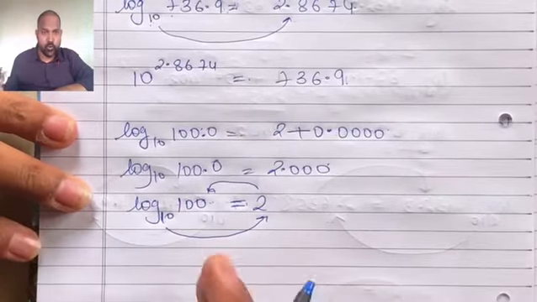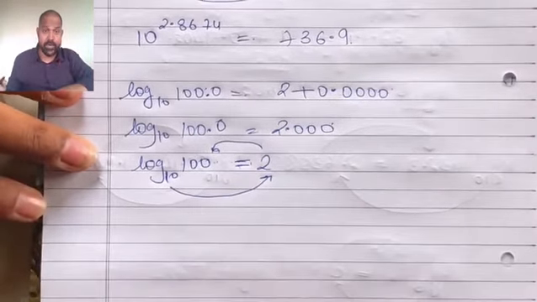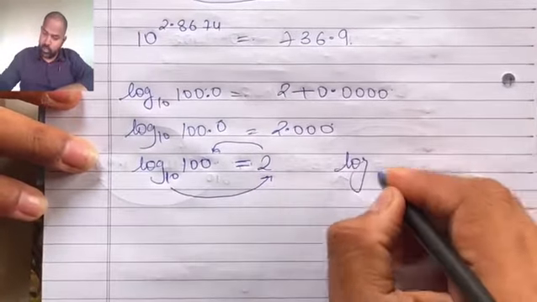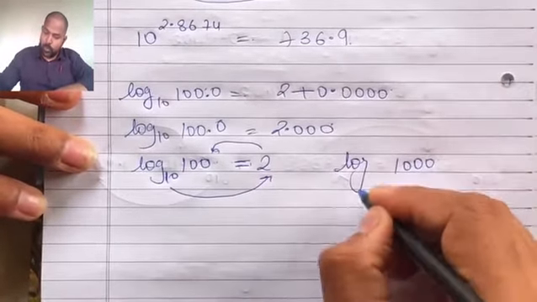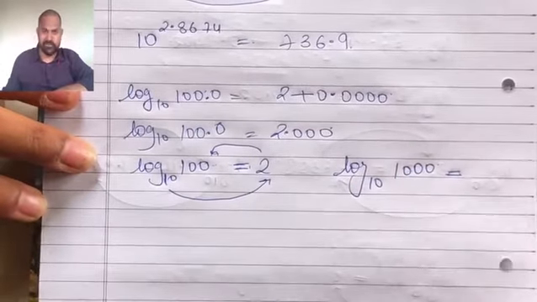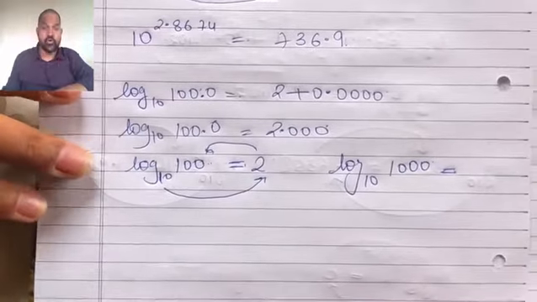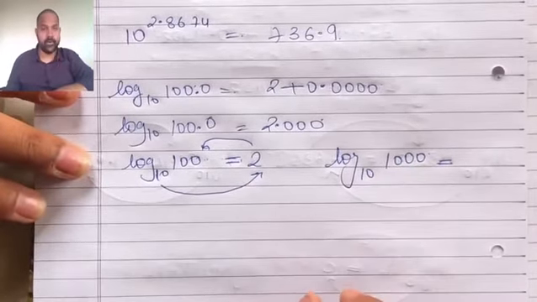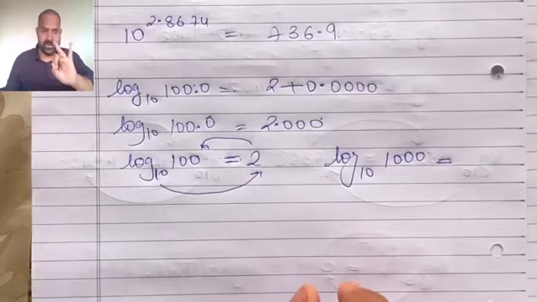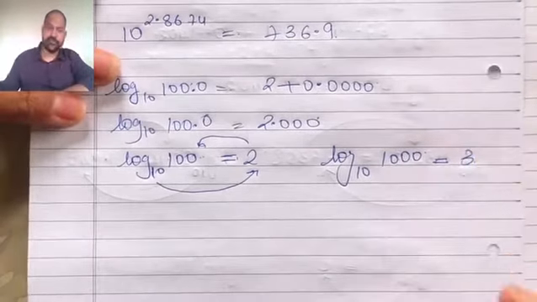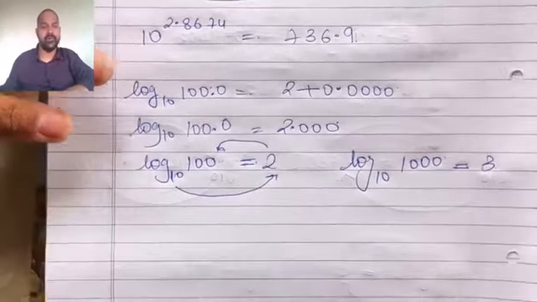Then do I need to do this ever again if the number is a power of 10? For example, if I ask you log of 1000 to the base 10, am I stupid to use the log table? No. What should I raise 10 to get 1000? Or 1000 is which power of 10? 10 raised to 1 is 10, 10 raised to 2 is 100, 10 raised to 3 is 1000. 1000 is the third power of 10.